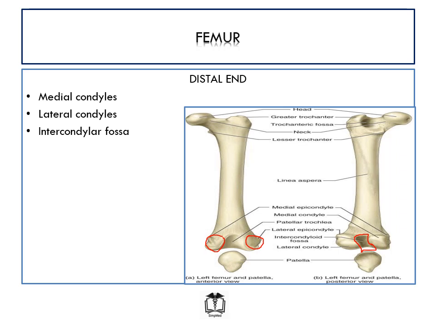We'll talk about that in a separate module under the heading of joints of the lower limb. On the anterior aspect of the distal end of the femur, we have a smaller depression called the patellar trochlea that allows for the articulation between the femur and the patella to form the patellofemoral joint.